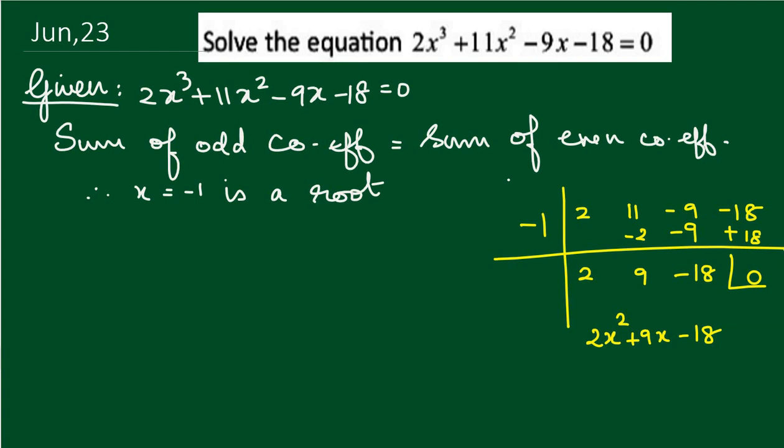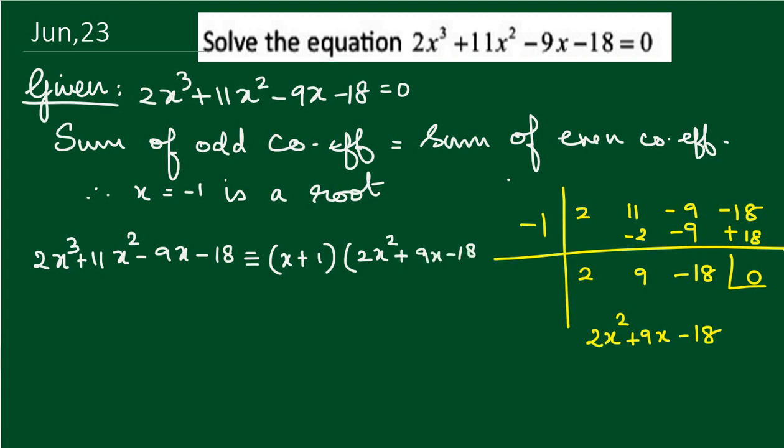Now, our given equation 2x cubed plus 11x squared minus 9x minus 18 is equal to 0 can be written as x plus 1 into 2x squared plus 9x minus 18.